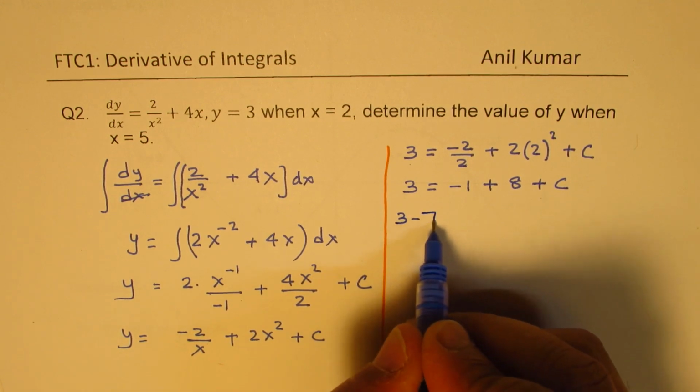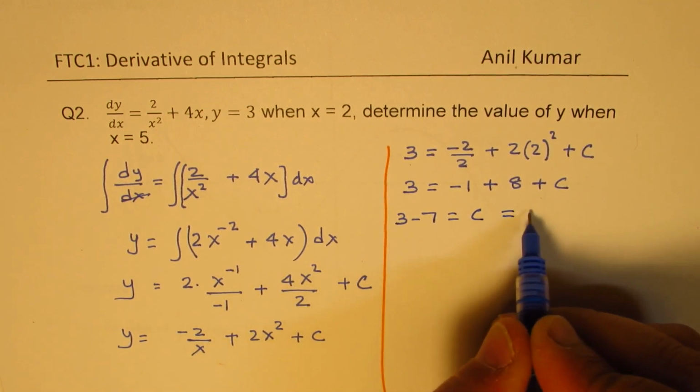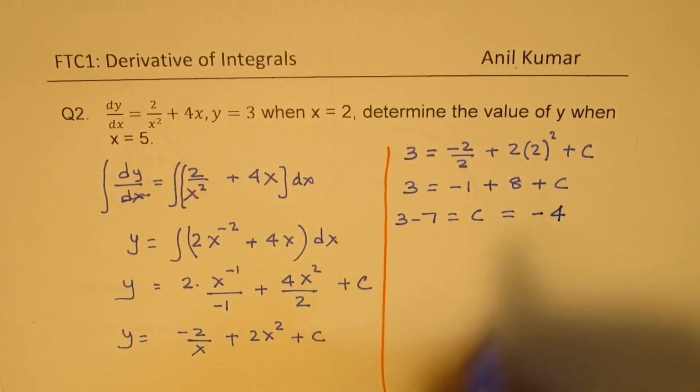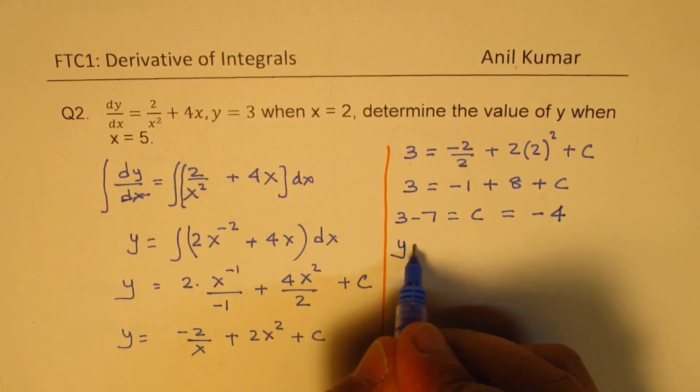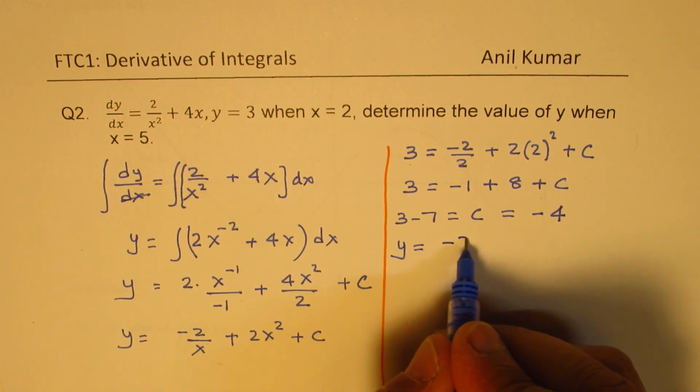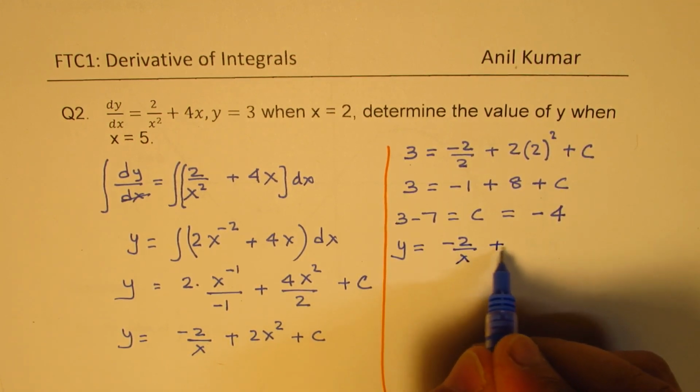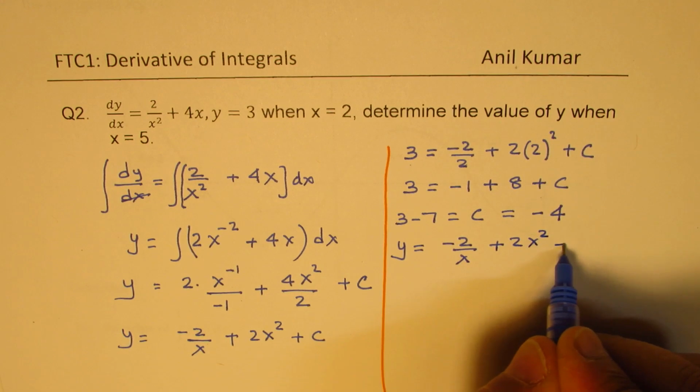So 3 minus 7 is equal to c, which is minus 4. So we get a value of c as minus 4, and now we can write y as equal to minus 2 over x plus 2x squared minus 4.